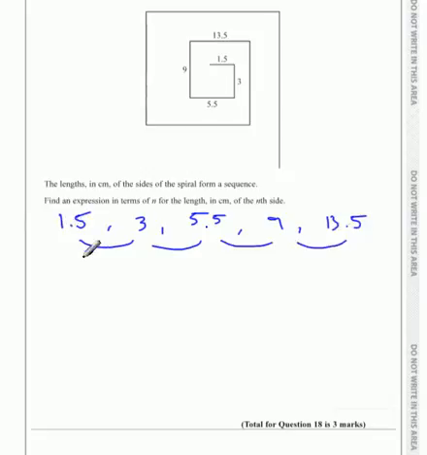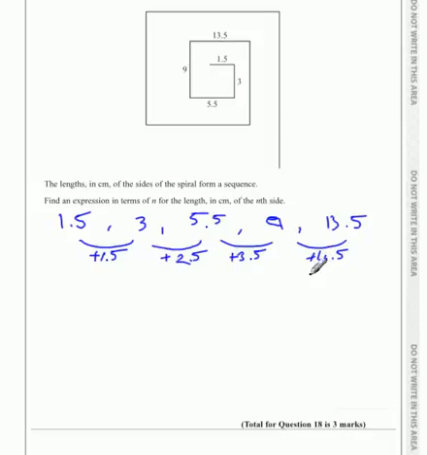So here we can see we're adding on 1.5. Next, we are adding 2.5. Then from 5.5 up to 9, we are adding 3.5. And then from 9 up to 13.5, that is adding 4.5.